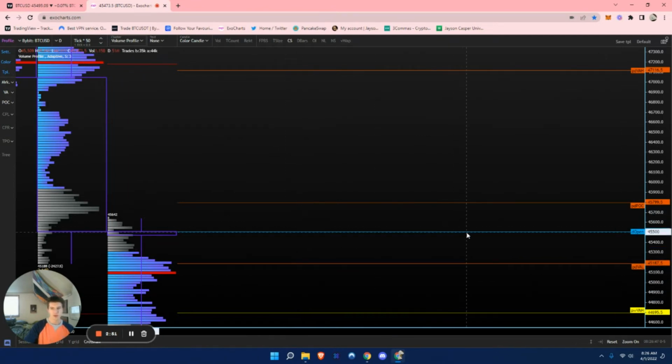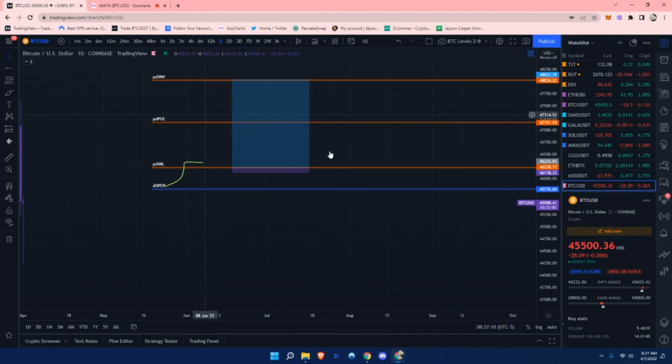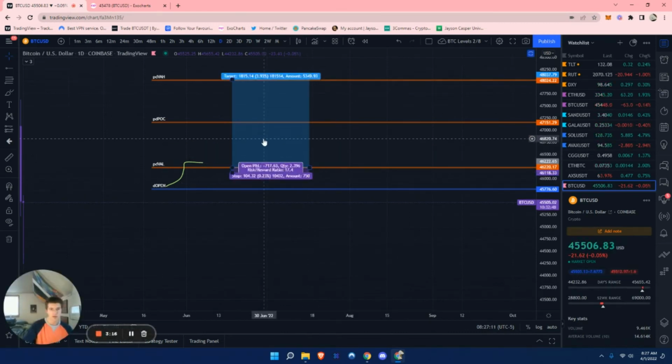In this case, there isn't an 80% chance, but if this daily open, this blue line right here, opens below or above the whole value area chunk of price action, it'll just map out for you what the 80% chance will do. So that is just looking at Exocharts. It'll make it a lot easier for you, in my opinion.